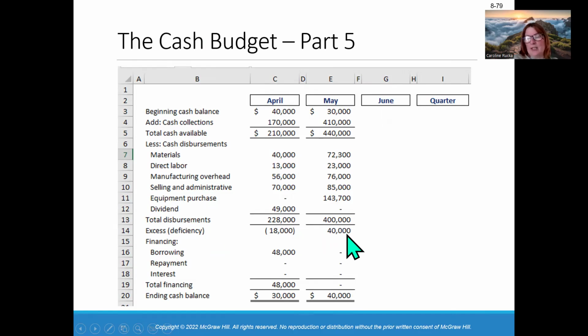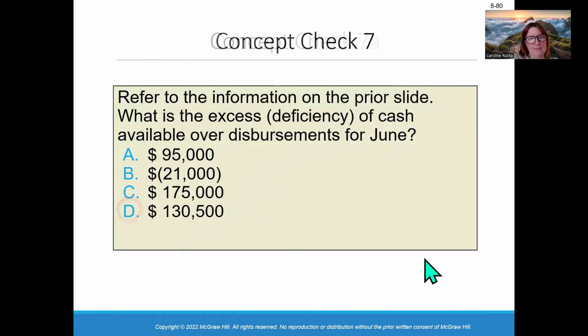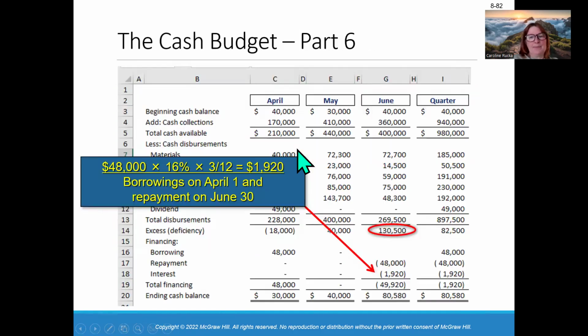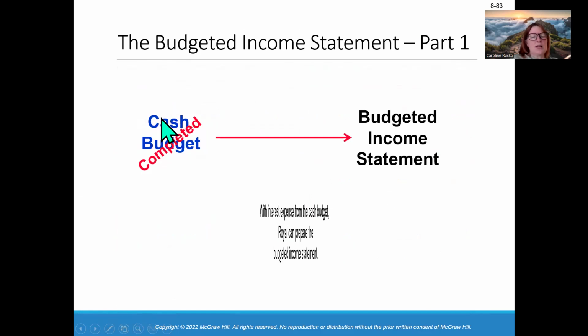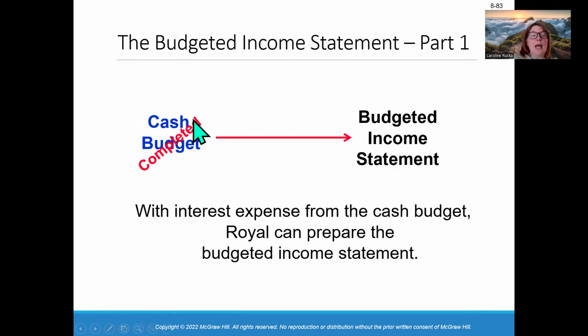But look, we've already got it here, so we don't have to do anything. We don't need to borrow money or anything else. And then you just carry this along, totals for the quarter. So now your cash budget is complete and you can use this to make your income statement.